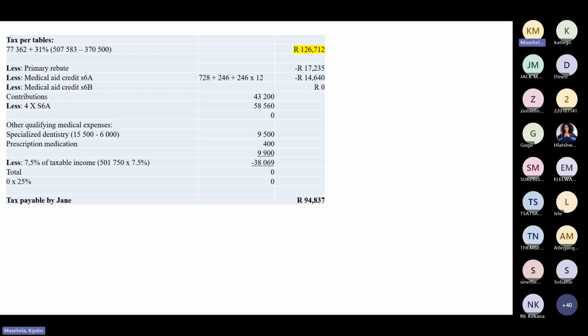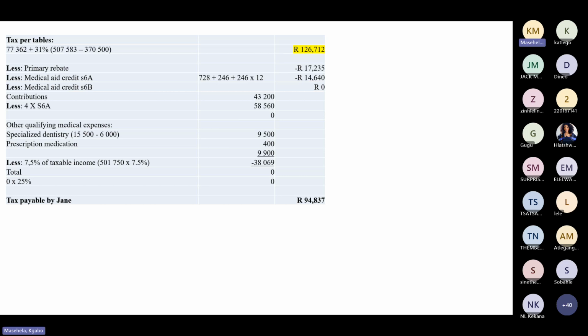Less primary rebate, because now we've calculated the tax on the taxable income. We said it's 126 according to the slide, but it is subject to change when I make the correct changes. Less primary rebate. We know that an individual in South Africa who is less than 65 years of age is entitled to a primary rebate of 17,235.